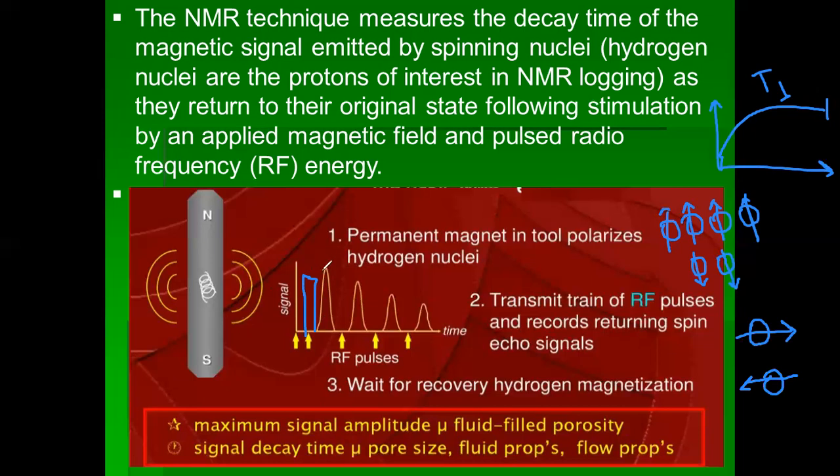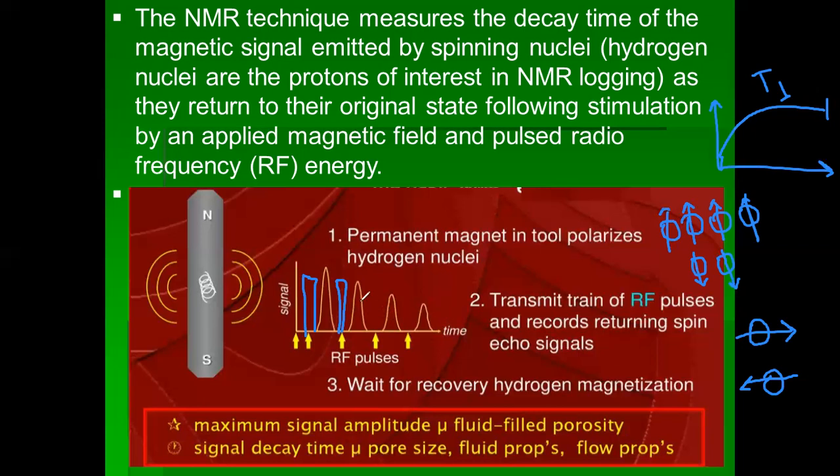And then when the pulse is turned off, there will be a decay of the number of protons spinning in this direction. Another 180-degree pulse will create an increase of the magnetization, and then when we turn it off, there will be a decrease of magnetization, and so on.